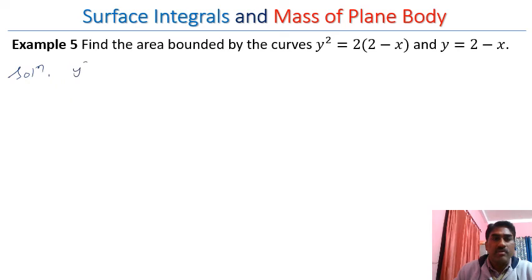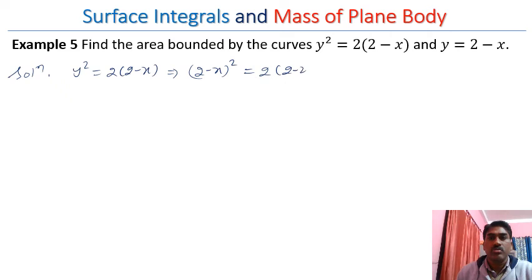We have y squared equals 2 into 2 minus x. You can find it directly or by replacing. So this will give y squared equals (2 minus x) whole squared, which is equal to 2 into 2 minus x. Taking everything to one side, 2 minus x times (2 minus x minus 2).